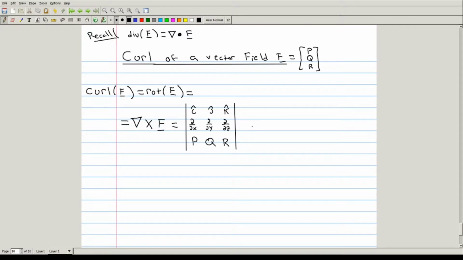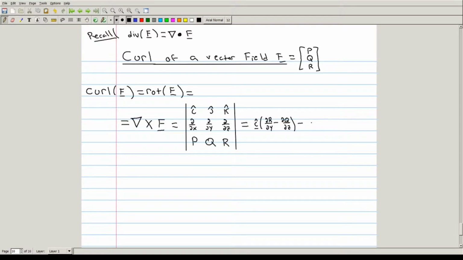Because you remember that you go through and take the determinant of this expression. This will give you i hat times dR/dy minus dQ/dz.